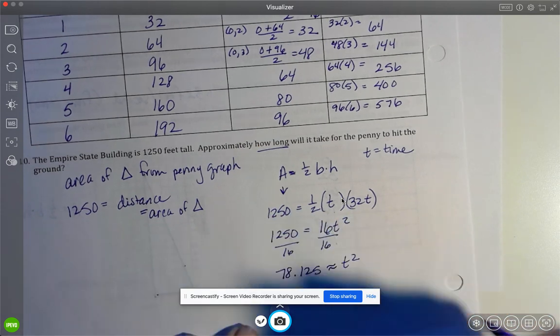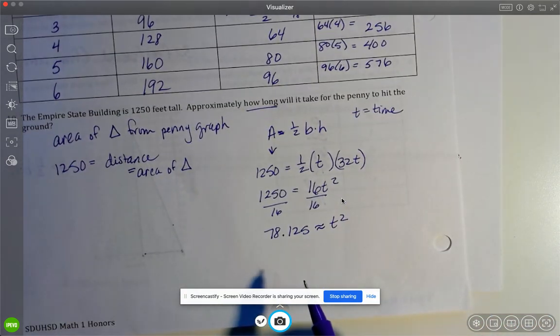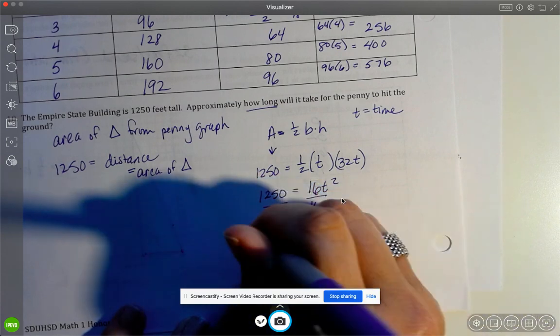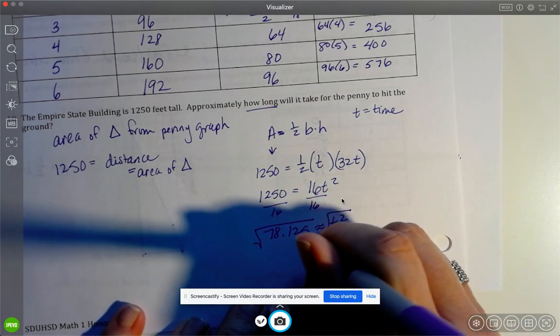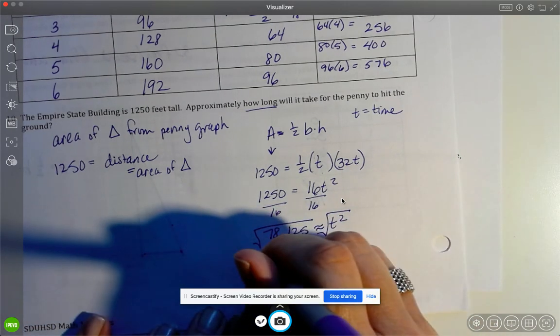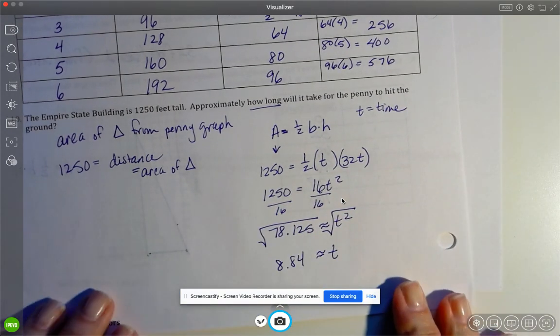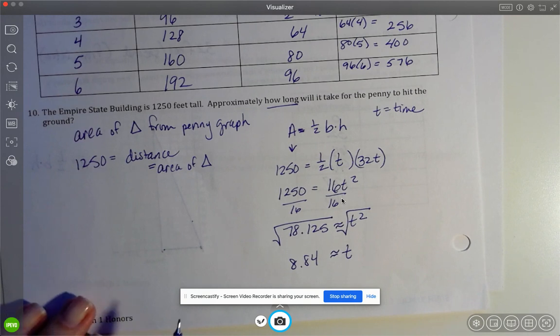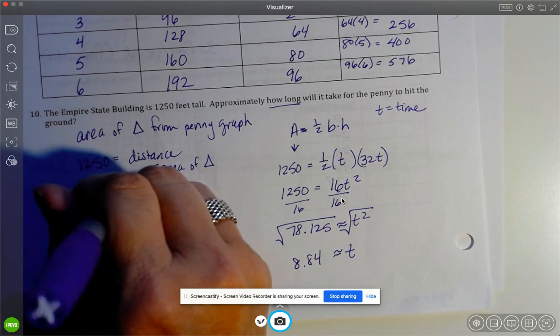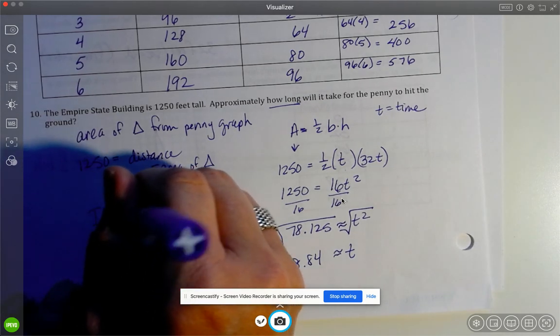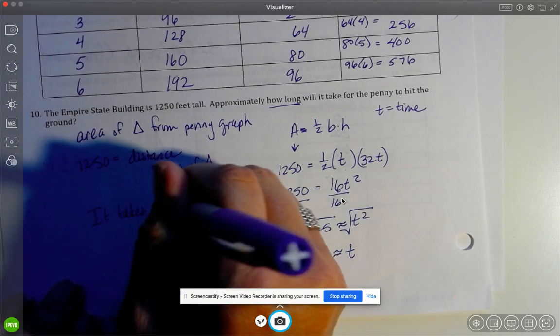And then I want to figure out about how long. So I want t, I don't want t squared. So I'm going to take square root of both sides. And t ends up being about 8.84. So I'll just say it takes between 8 and 9 seconds.